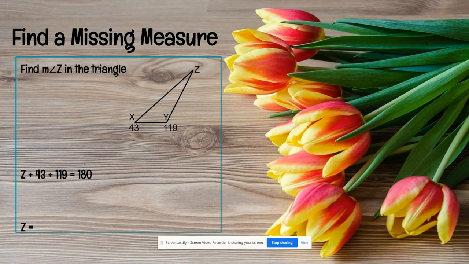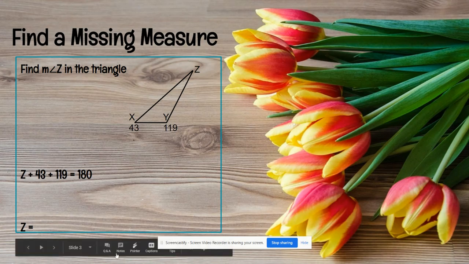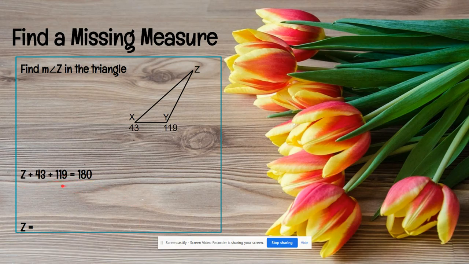So you're finding the measure of angle Z. Remember to use that angle sign. As you can see in the triangle, X is 43 degrees and Y is 119 degrees. So when I add these two together, I would get 119 plus 43.